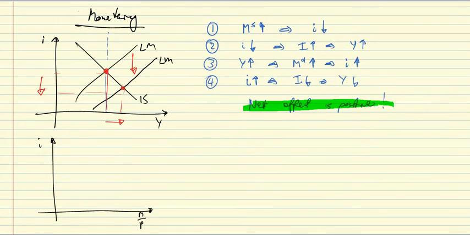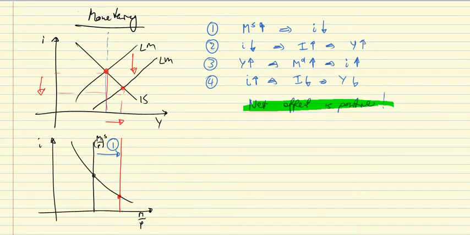we have a money demand function and an initial real money supply and an initial equilibrium, and then we get a shift, which is 1 above here. The increase in the money supply leads to this decrease in the interest rate.